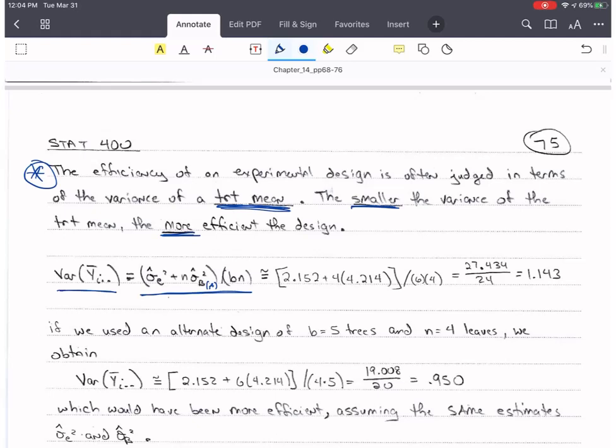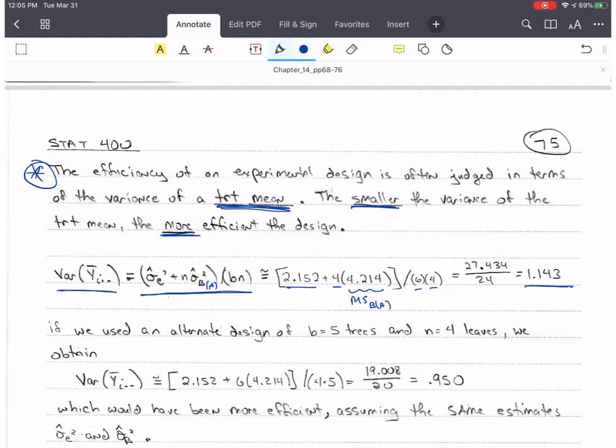So from our ANOVA analysis, we'd take MSE plus 4 times MSB divided by 6 times 4. There were 6 leaves, so 4 trees and 6 leaves. And so we end up with about 1.143. That's the design of the actual experiment.